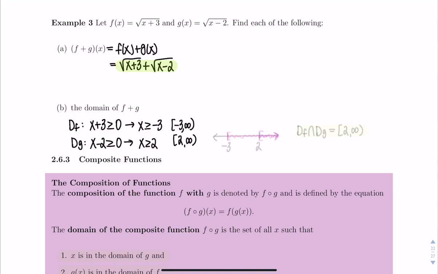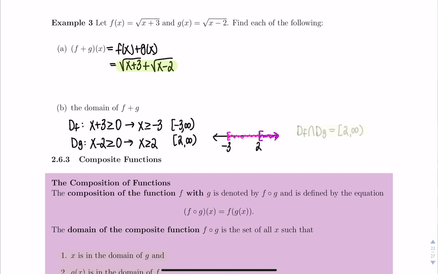And so let's just draw a quick number line just so we can see. We've got -3 and we have +2. At -3, it's greater than or equal to, and at 2, it's greater than or equal to.